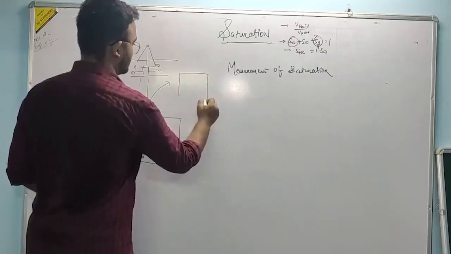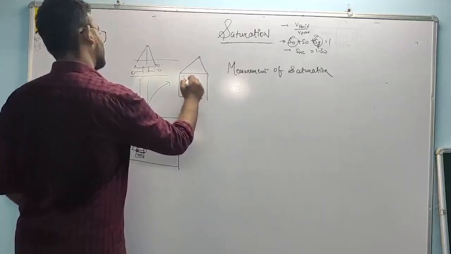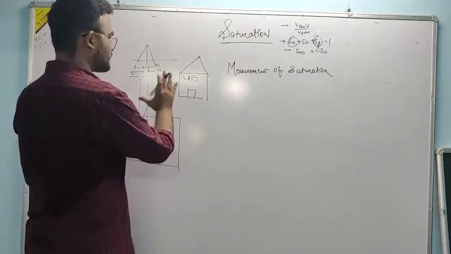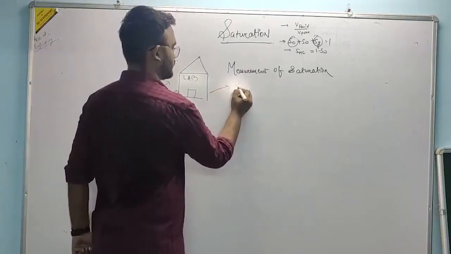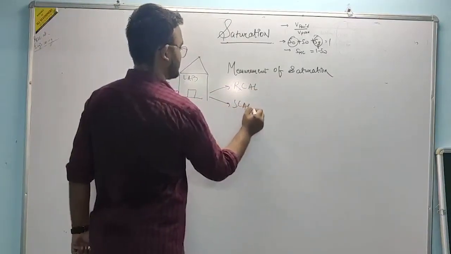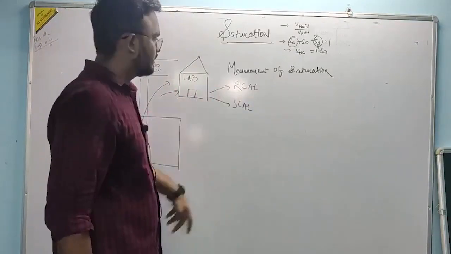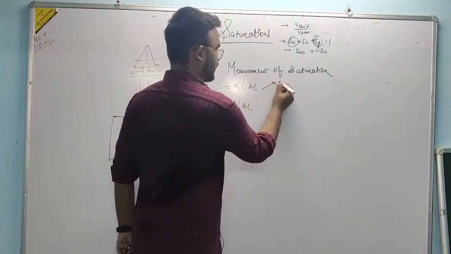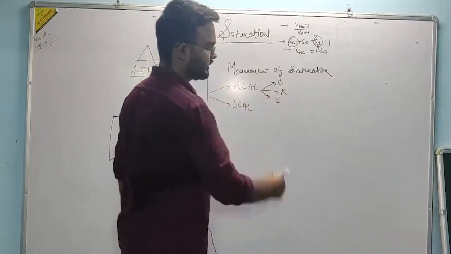Here's a laboratory. You have to preserve the core sample and take it to a laboratory where we do two kinds of tests. One is the routine core analysis tests. One is the special core analysis tests, right? There are different properties that we measure in both of these tests. In routine core analysis, we measure the porosity, the absolute permeability, the saturation.